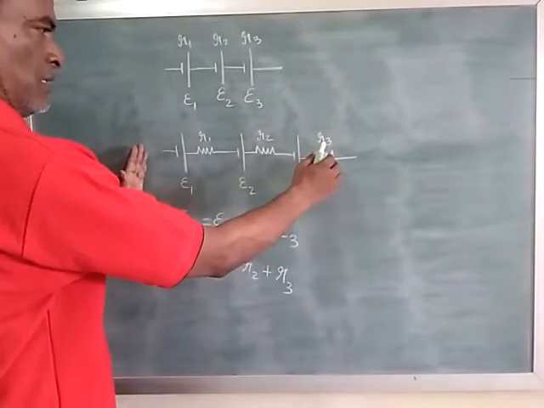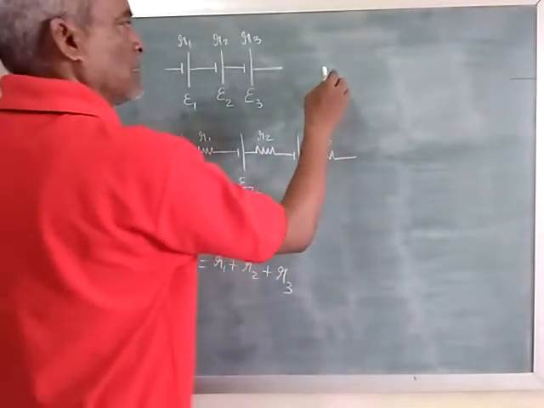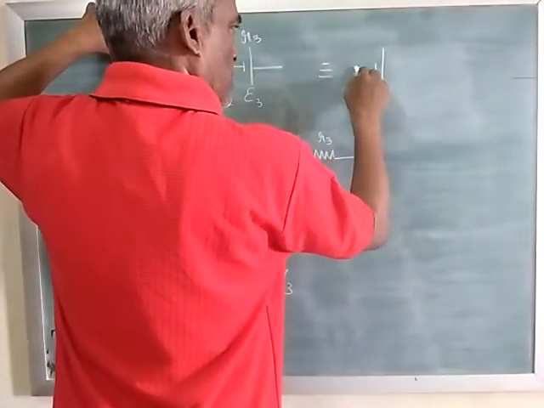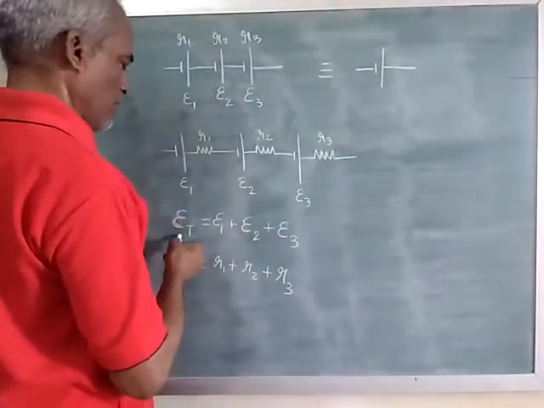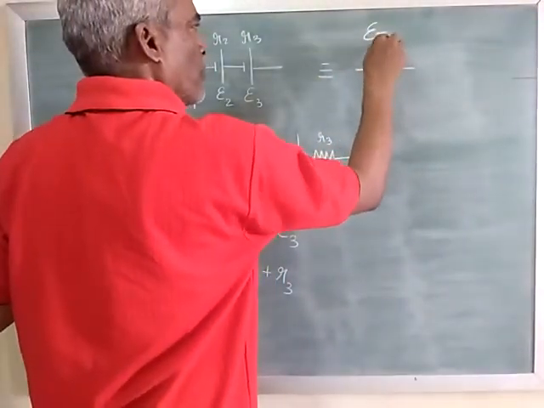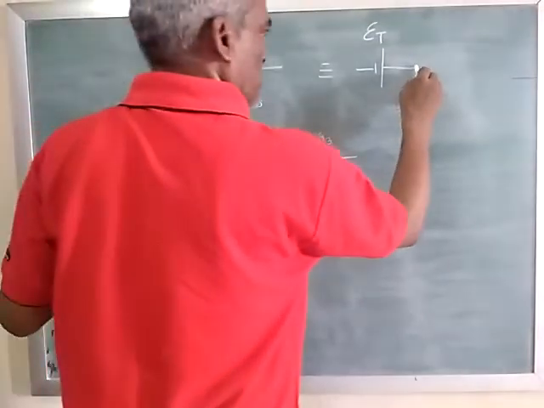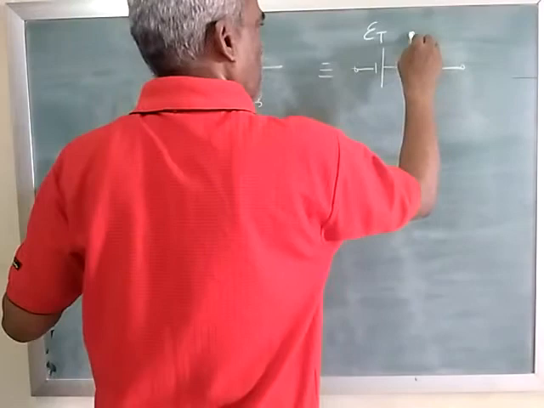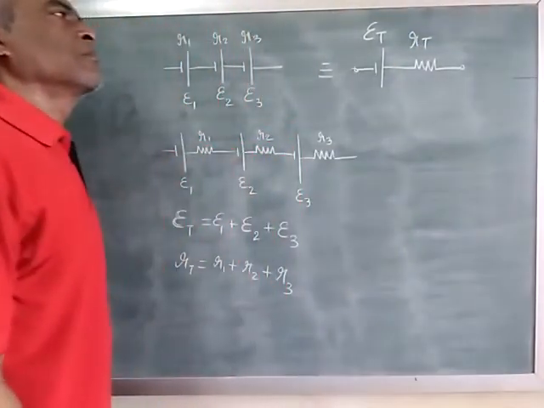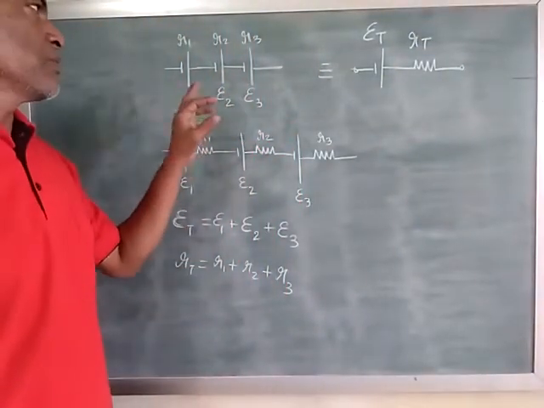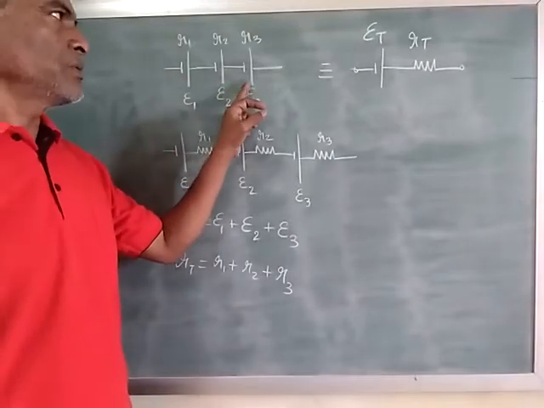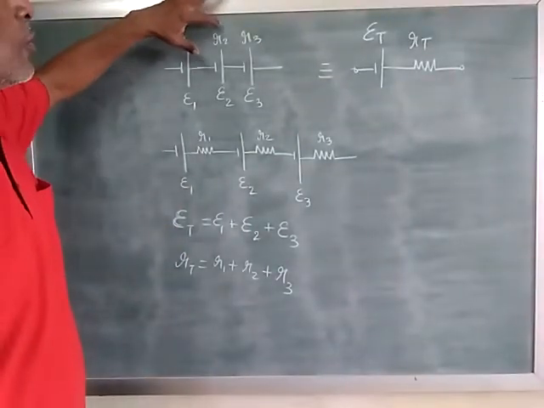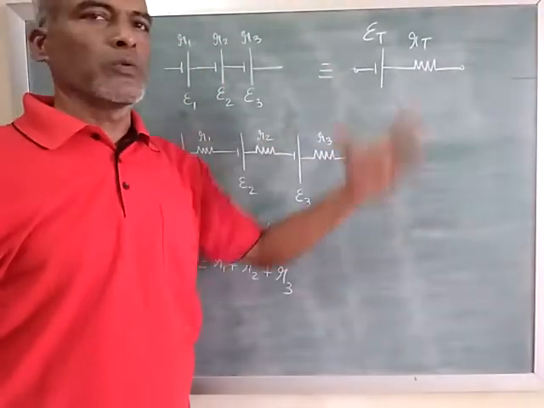So this can be drawn as the source voltage, the value is given by ET, and the total resistance, which is RT. That means you add these voltages. Suppose this is 1 volt, 2 volts and 3 volts, 6 volts. 1 ohm, 2 ohms and 3 ohms, 6 ohms.